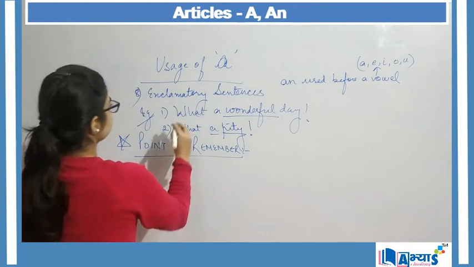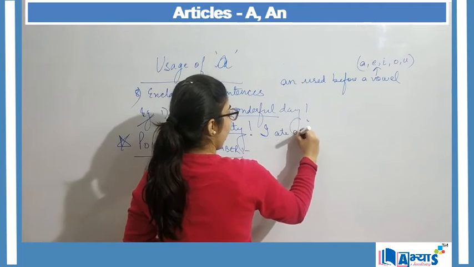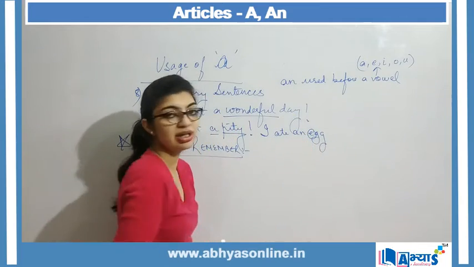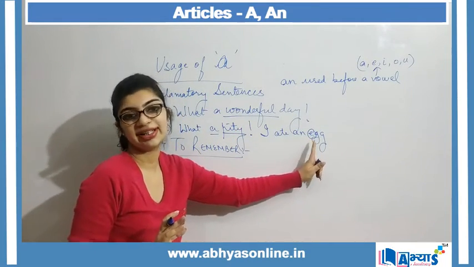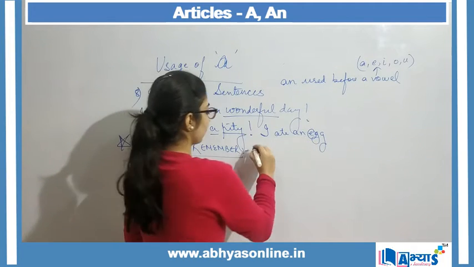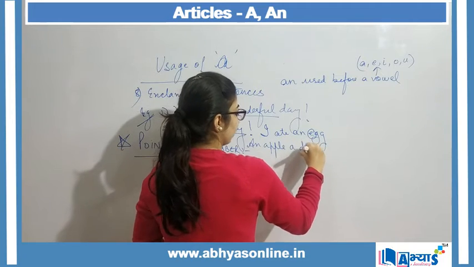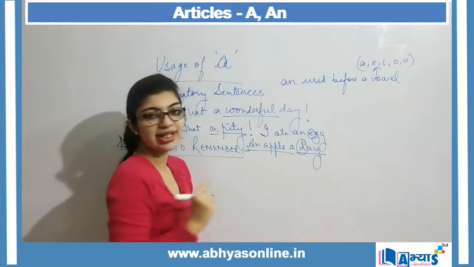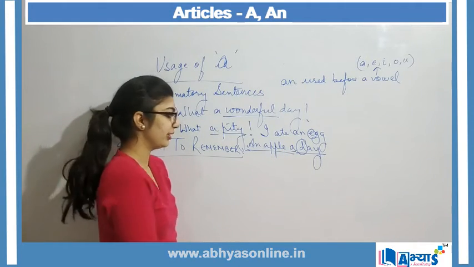I ate an egg. Why? Because here the word egg starts with the vowel e, right? An apple a day. Because D is a consonant, I am making use of the article a.